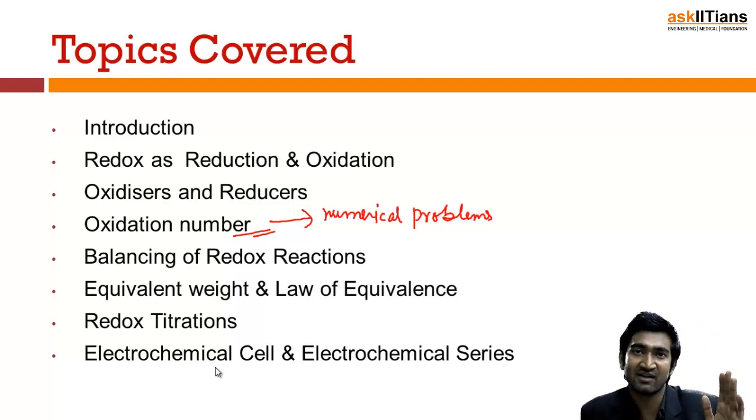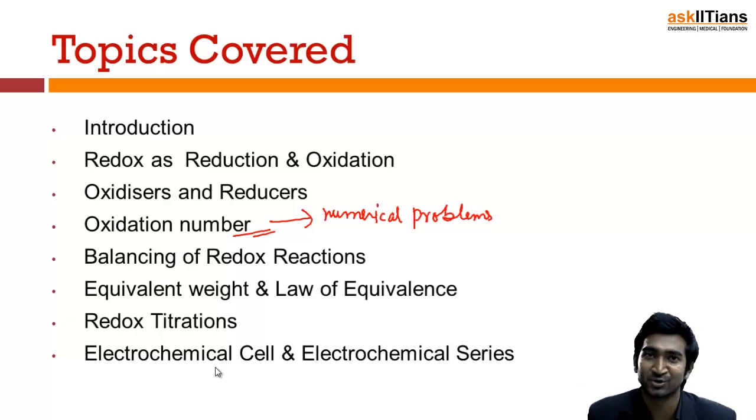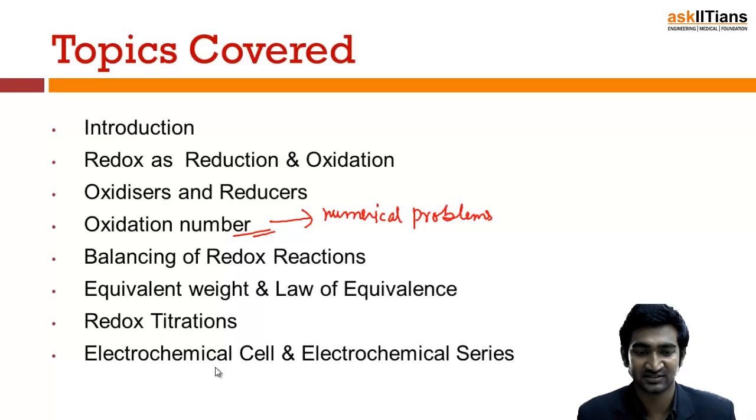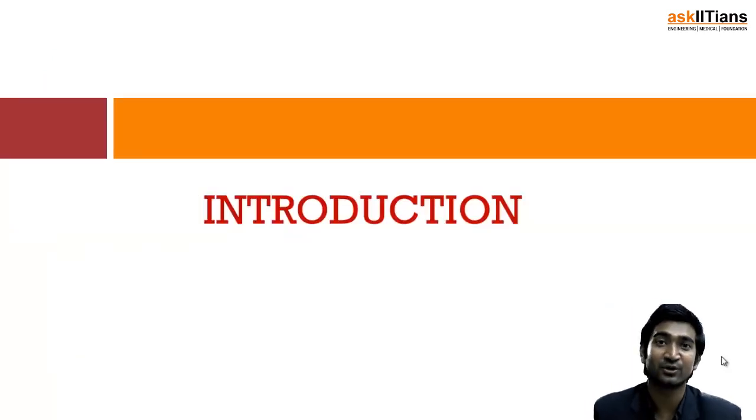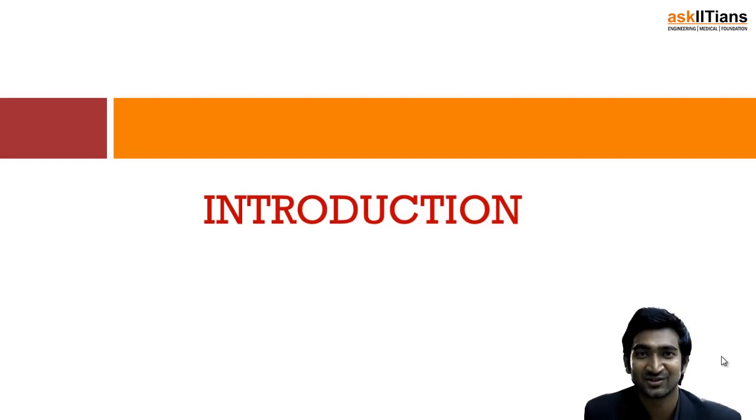On one side I'll have the anode, on the other side the cathode, and in both of them oxidation and reduction will take place. So these are the topics we need to cover in this redox reaction chapter. Now we'll discuss the introduction part, what actually is a redox reaction. So let's proceed.